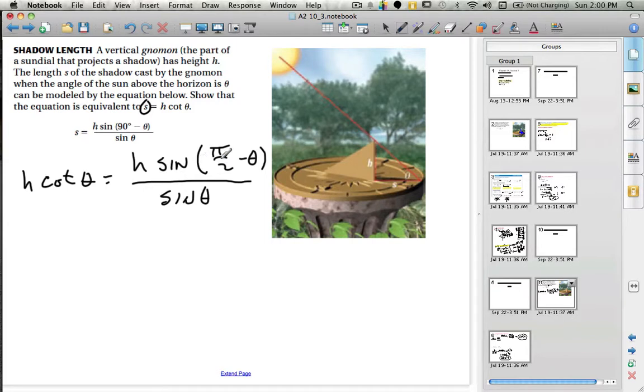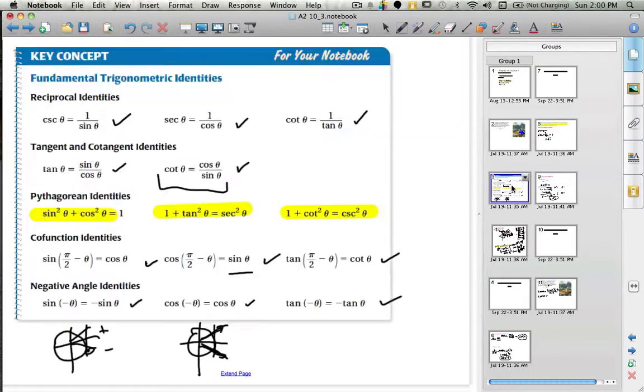And if we pop back and look at, right, sine of the complement of an angle, that's going to be equal to cosine, if you remember that. If you don't remember that, it's right here. Right? Sine of pi over 2 minus theta is equal to cosine of theta.